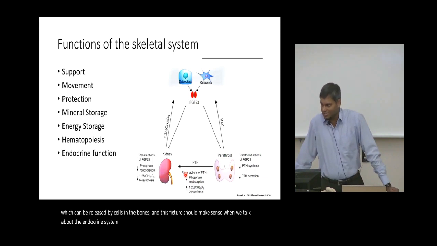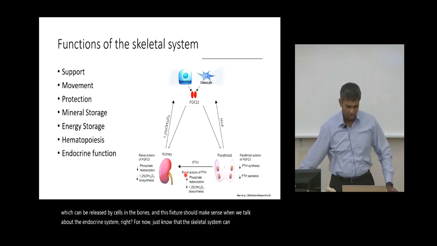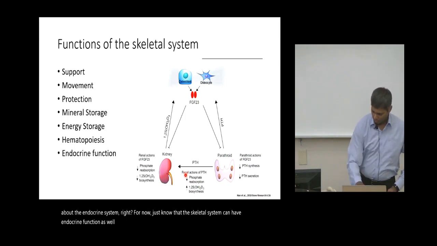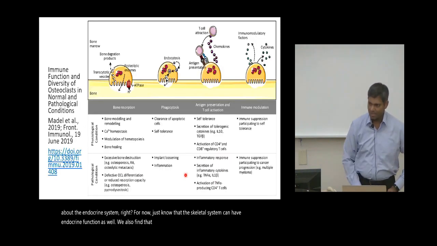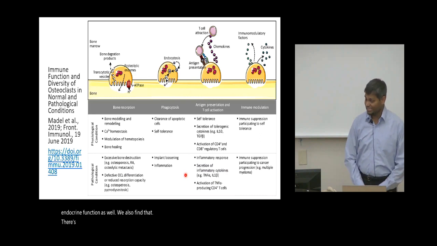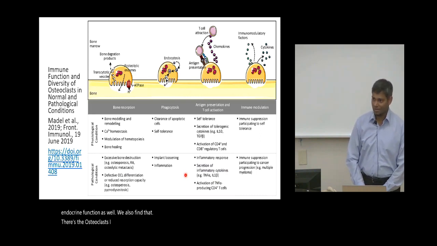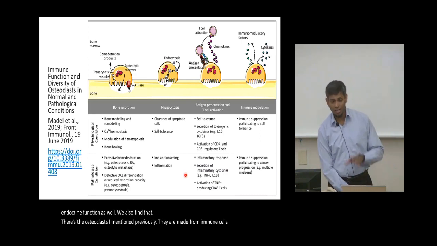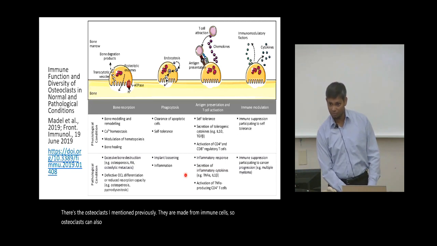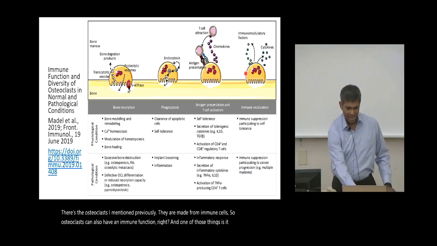For now, just know that the skeletal system can have endocrine function as well. We also find that the osteoclasts I mentioned previously are made from immune cells, so osteoclasts can also have an immune function, right? And one of those things is that they can present antigens.